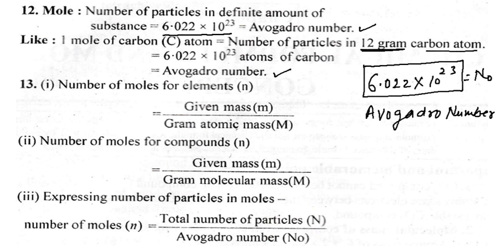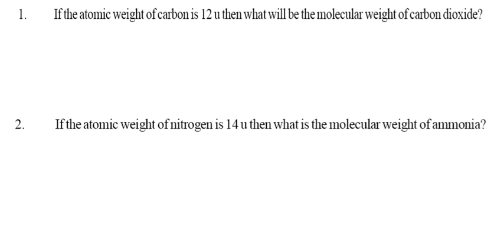So let us see what will happen in these questions. The atomic weight of carbon is 12 units. What will be the molecular weight of carbon dioxide? In carbon dioxide, carbon is 12 and oxygen is 16, so 16 into 2.